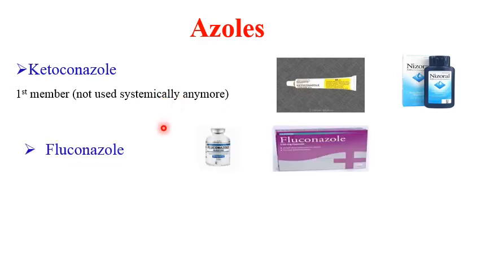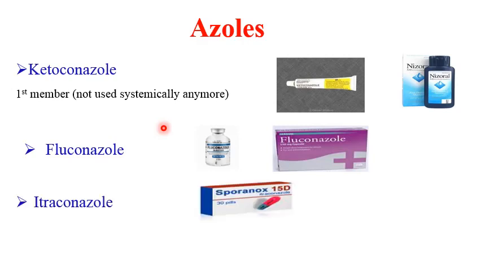While other azoles that are safe and less toxic for systemic use, which can be used systemically for either superficial or deep fungal infection, are fluconazole and itraconazole. Fluconazole, like Diflucan, and itraconazole, like Itrapex and Sporanox.